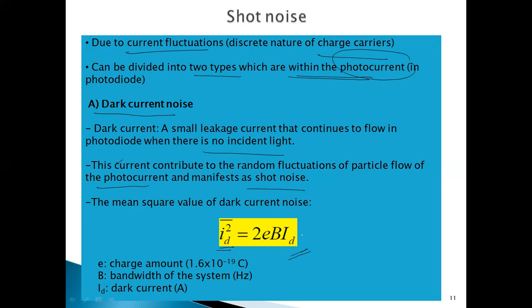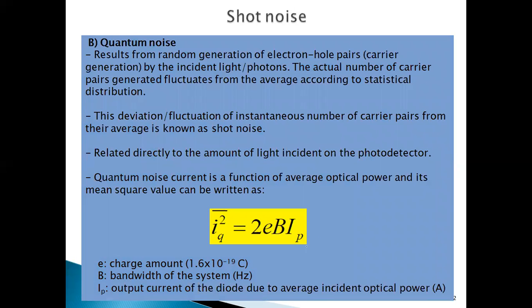The second type of shot noise is quantum noise. Quantum noise results from the random generation of electron and hole pairs. So basically it's carrier generation due to the incident light photons. When we have incident light photons on the photodiode, the electron and hole pairs will be generated. The actual number of carrier pairs generated will fluctuate from the average.